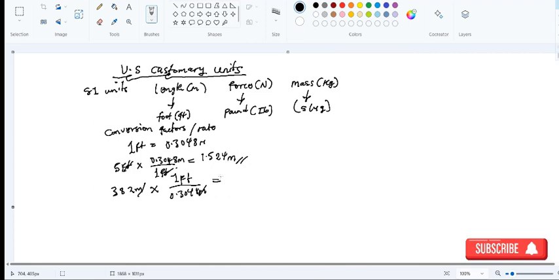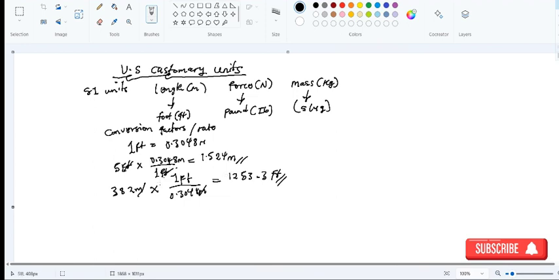Okay, so when we do this, 382 divided by 0.3048, we're going to have 1,253.3 feet. Okay, so that's how we can convert from feet to meters and also from meters to feet.